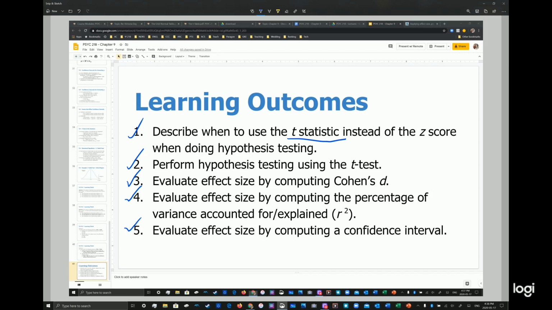For proportion or percentage of variance explained, you're comparing variance of treatment versus the variability in everything else, that is, including everything in addition to the treatment. And then you could also measure effect size by calculating a confidence interval to see where the population mean is expected to be around the sample mean. Again, the larger the interval, the larger you would say the effect would be.